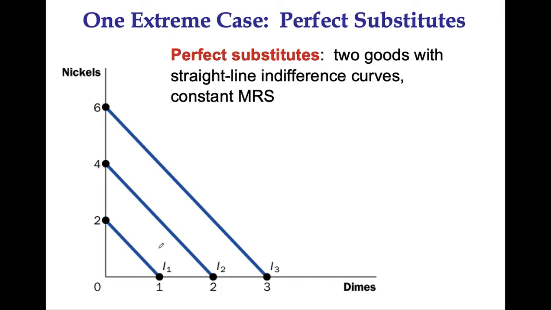Perfect substitutes are two goods with straight line indifference curves and, of course, a constant MRS.